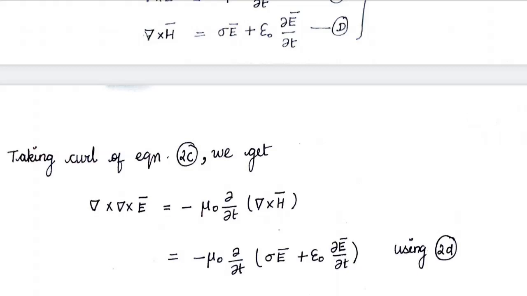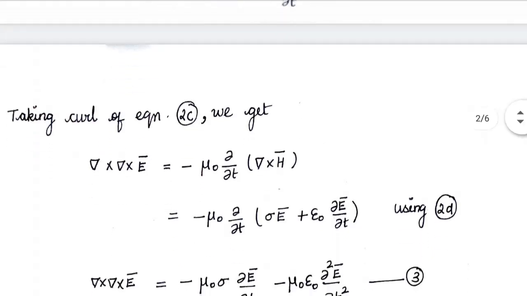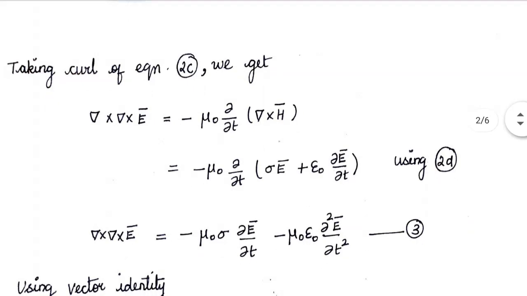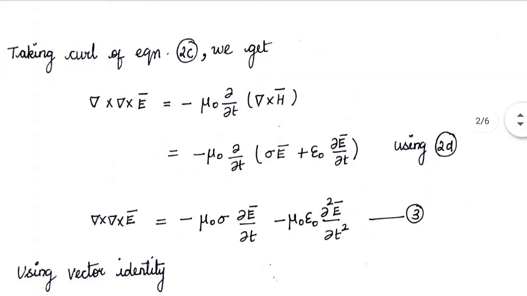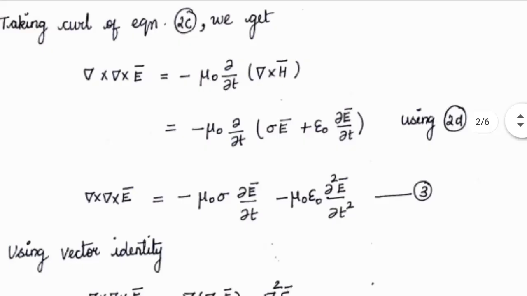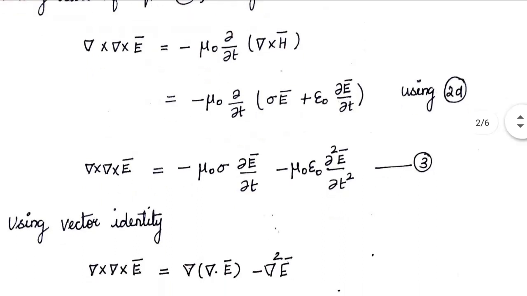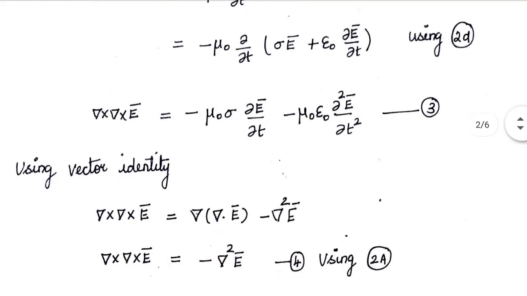We get minus mu naught dou by dou t into sigma E vector plus epsilon naught dou E by dou t. Now, let us multiply it. So we get del cross del cross E vector is equal to minus mu naught sigma dou E by dou t minus mu naught epsilon naught dou square E by dou t square. Let us name this equation as equation number 3.